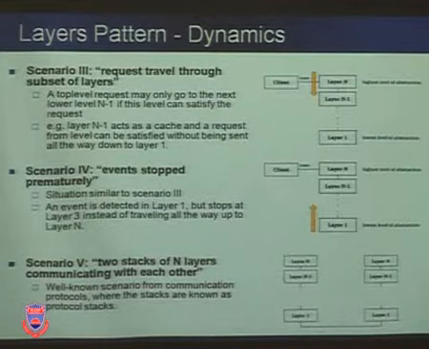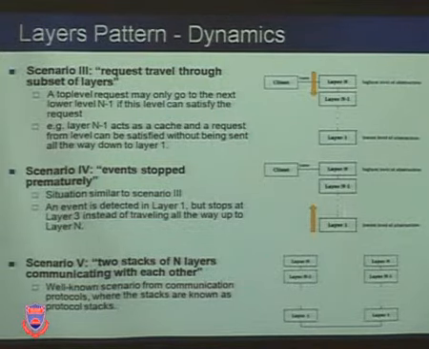Scenario 3, requests travel through a subset of layers. It doesn't go through all the layers, but it stops at some layer. For example, layer n-1 can act as a cache, and the request from the client can be satisfied without being sent all the way down to layer 1. You don't need to travel through all the layers.